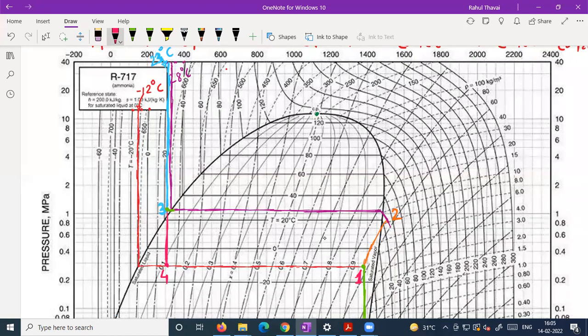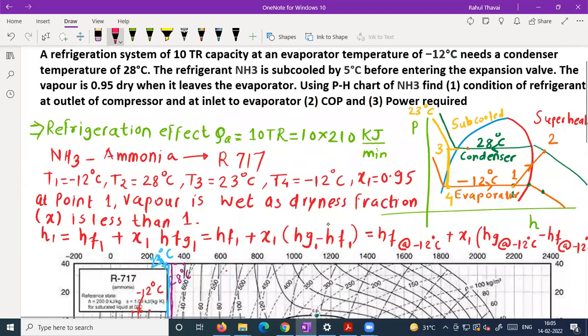So that is how we got point number 2. Then we have drawn the 23 degrees Celsius line. It is intersecting this line, so it is point number 3. And when you bring point number 3 down, it becomes point number 4. Is it okay? Yes.